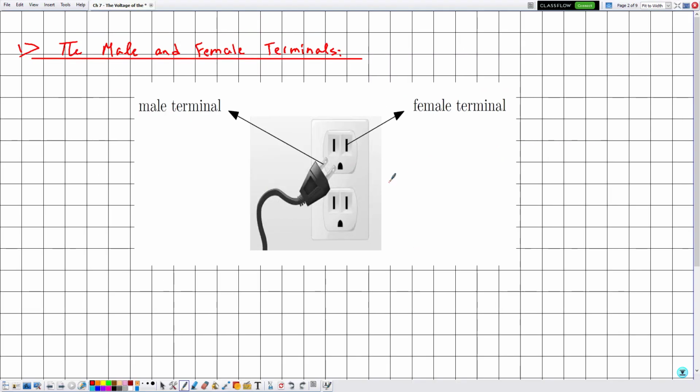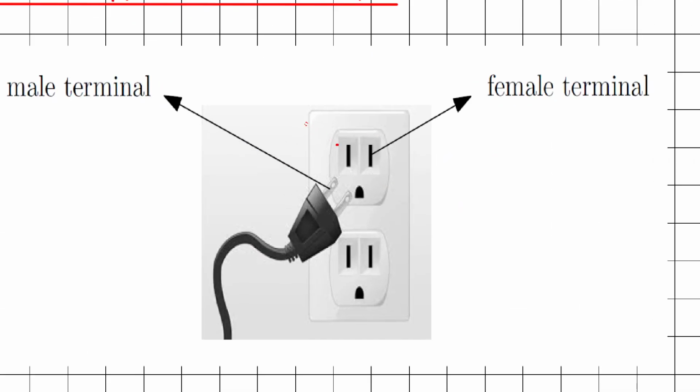Now in order to make use of this voltage, which is the voltage of the mains, we connect the plug of an electric device here. Usually we call this terminal the male terminal and this one the female terminal.